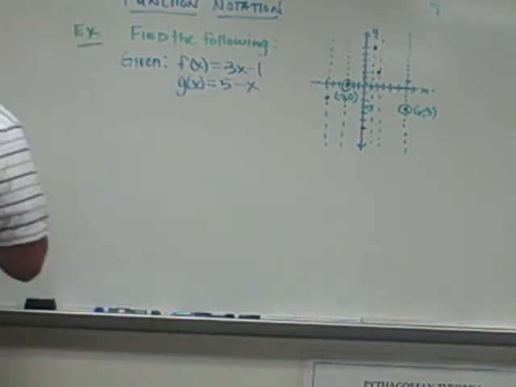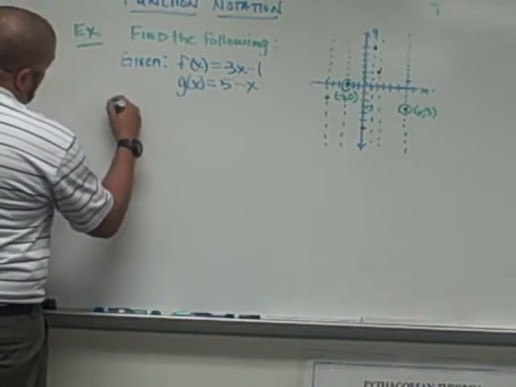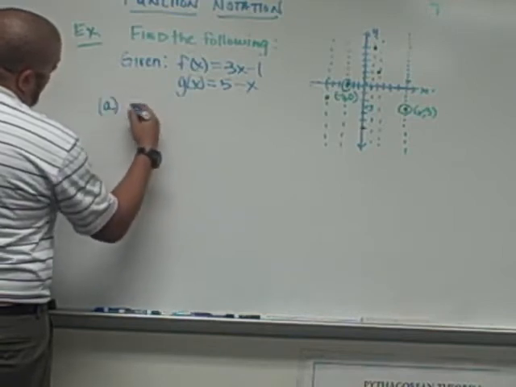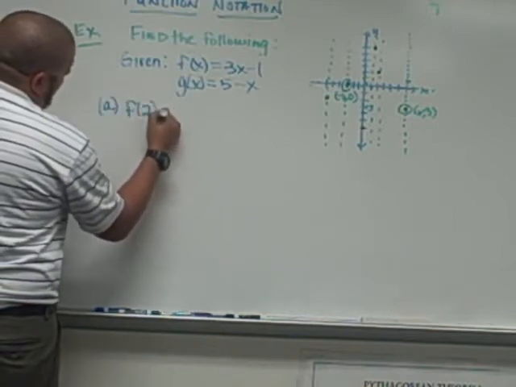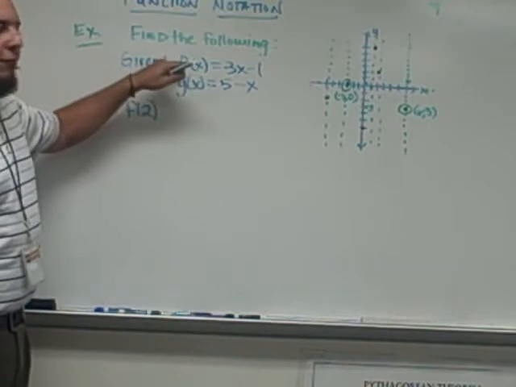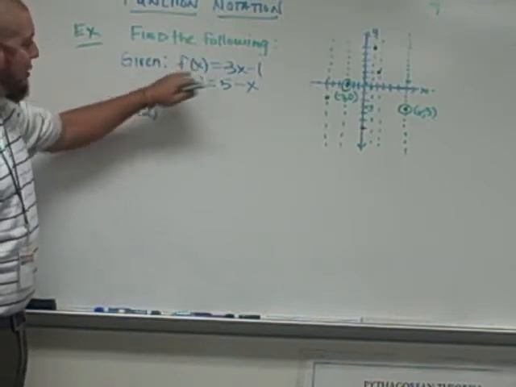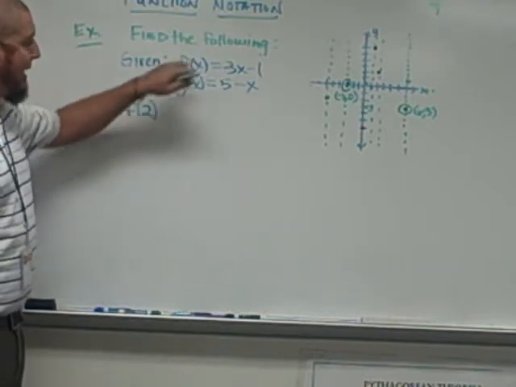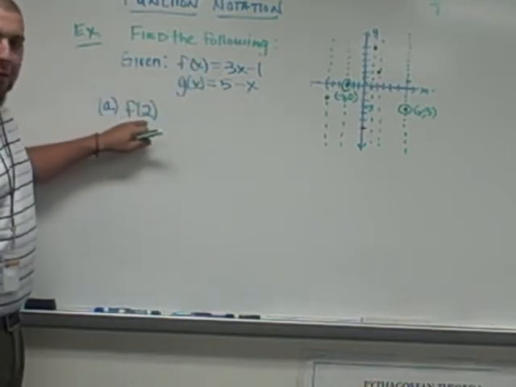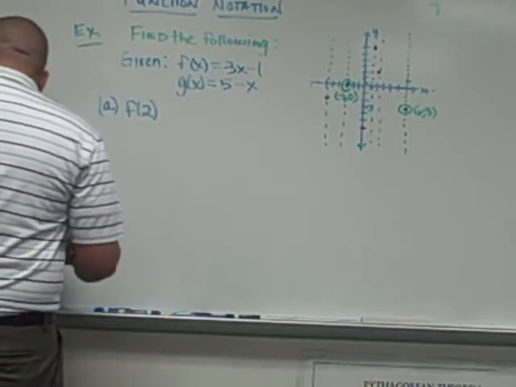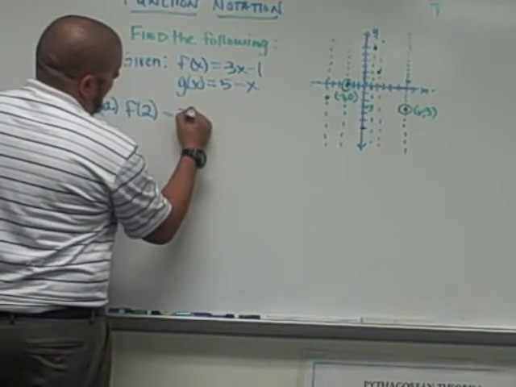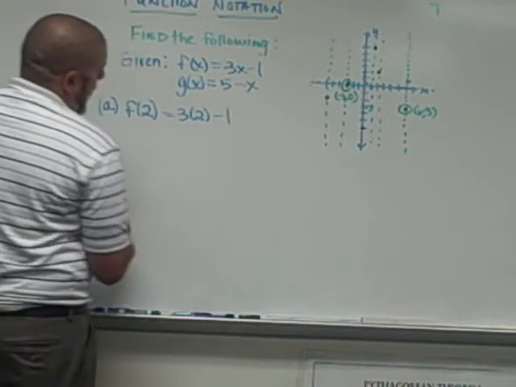So if my first example says find f of 2, then I would go to the f function and plug in 2 for the x, just like I already did. I already plugged in 2 for x here, so I plug in 2 for x. Okay, so then I'd have f of 2 equals 3 times 2 minus 1.